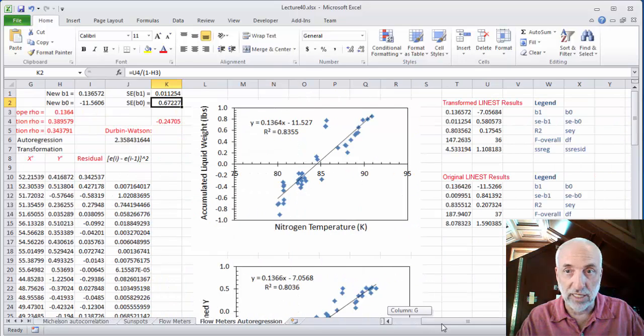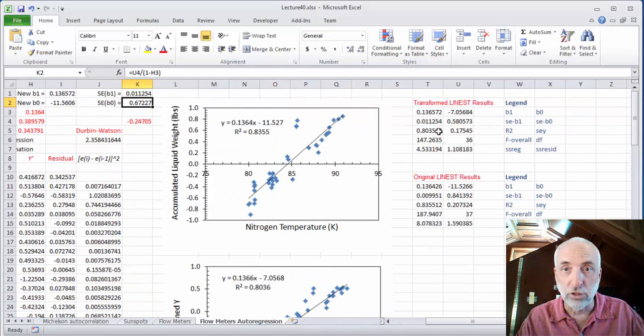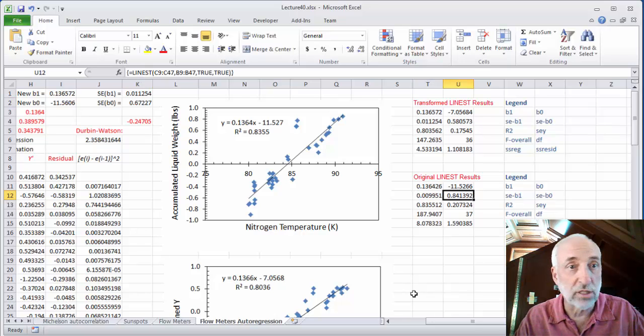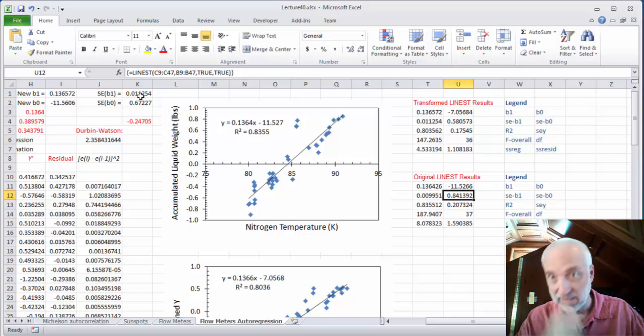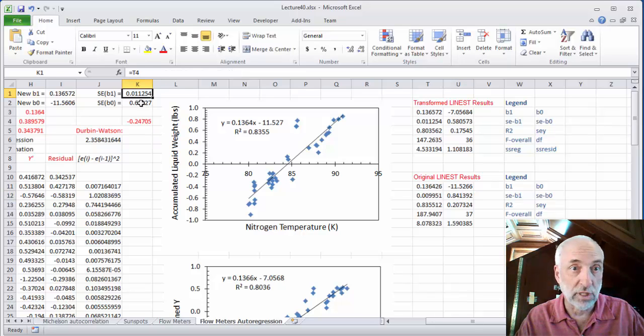Let's take a look. The original linest gave me intercept and slope standard errors shown here, and the transformed values are shown here.